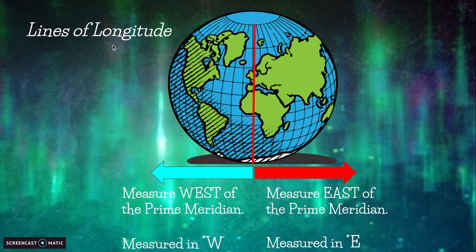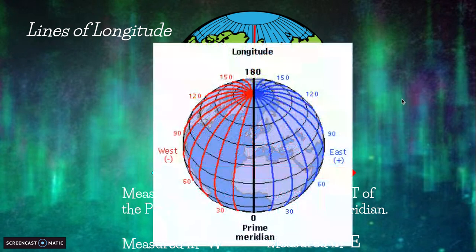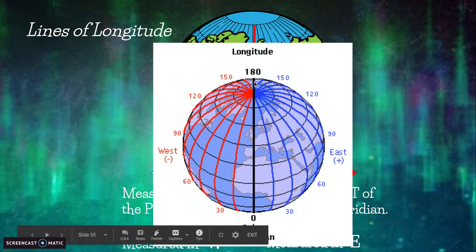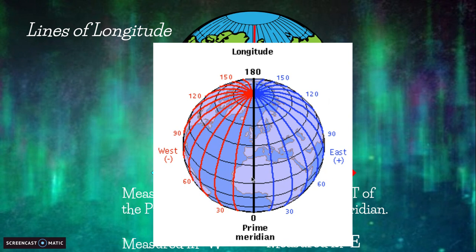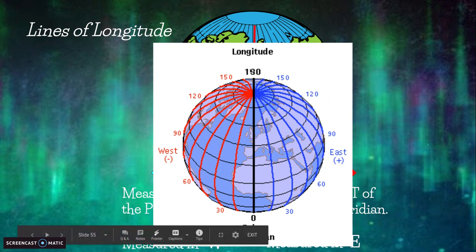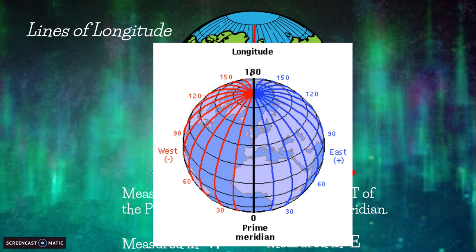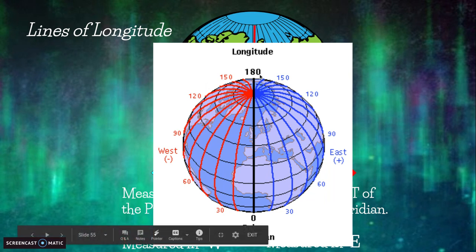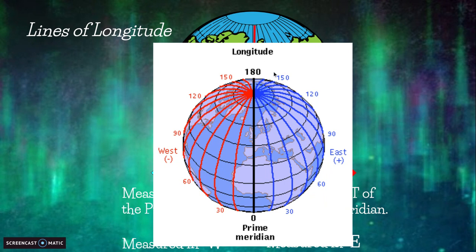All right, so lines of longitude measure east and west of the prime meridian. And lines of longitude go from 0 to 180 degrees east and 0 to 180 degrees west. Okay, because it makes 360 degrees total. So 180 degrees west, 180 degrees east. 180 degrees both ways is the finish line. It is where lines of longitude end.